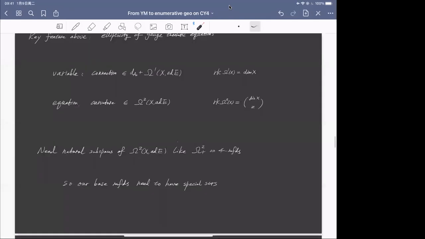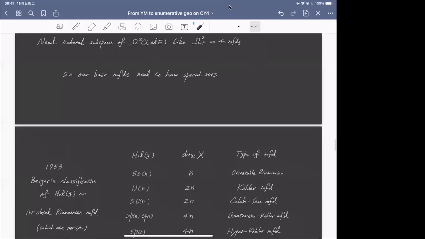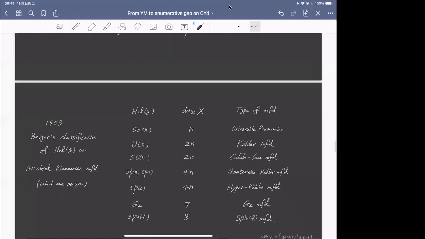Okay, so now it comes to this picture. This is some standard facts in differential geometry. In 1953, Berger gave a classification of the so-called holonomy group of irreducible closed Riemannian manifolds which are non-symmetric.